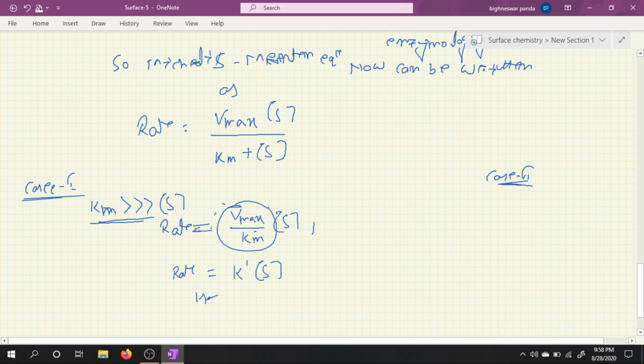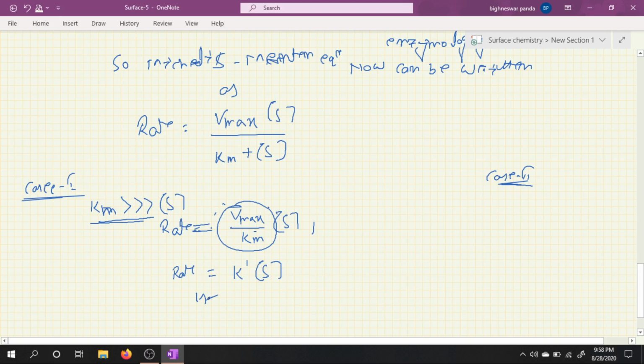Then again we have case 2, when the substrate concentration is very much greater than Km. So I can neglect Km, so Km tends to 0.